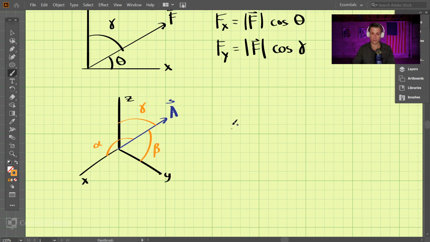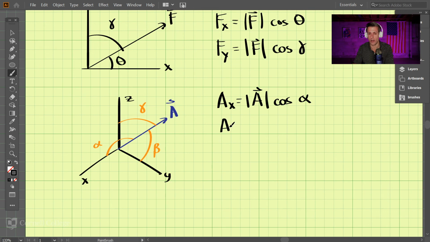Okay. With that being said, we can break these down into their components, right? So A_x is equal to A, the magnitude of A, cosine of alpha.